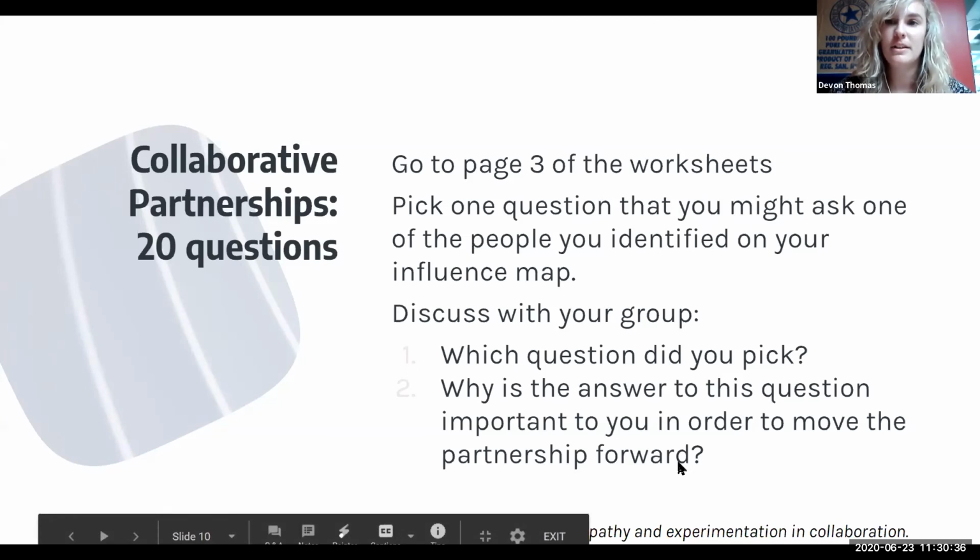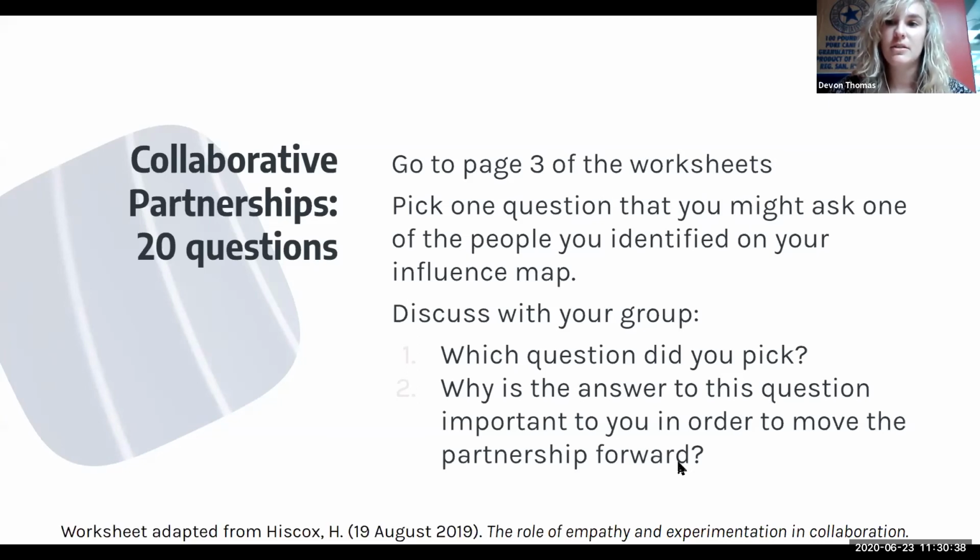So like I said, pick one question and then, oh darn, only 2 pages. All right, I'll drop this, hang tight. Where did I hide it? Okay, try this one.